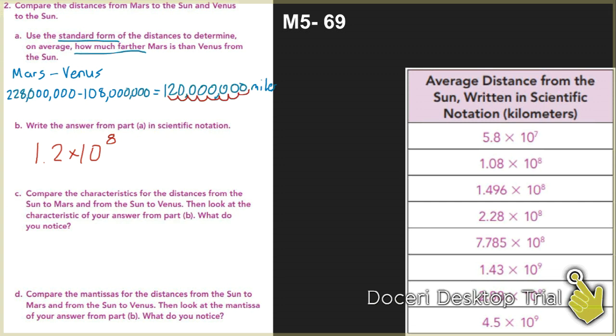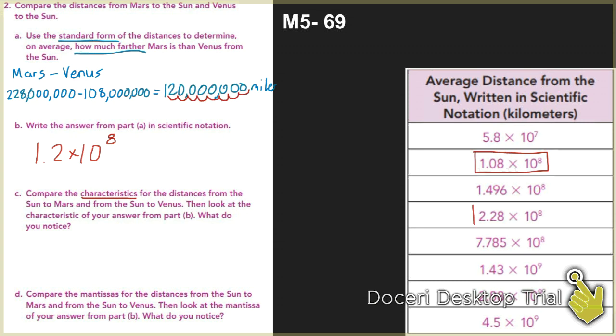Now C says compare the characteristic. Remember that word characteristic just means exponent. For the distance from the Sun to Mars and from the Sun to Venus, then look at the characteristic in your answer from part B. What do you notice? Okay, so we've got the characteristics, which is the exponent that goes with the 10. Well, over here on the right, I included this. This one is the scientific notation for Venus.